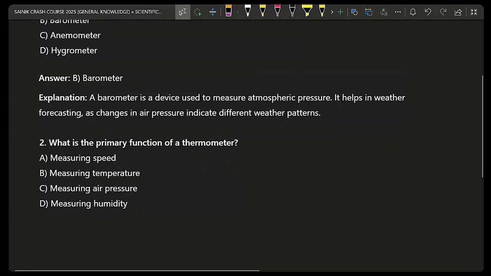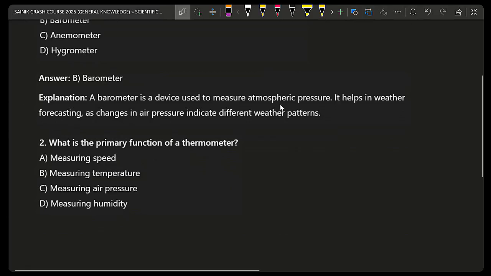And time up. Surprisingly, students gave wrong answers. One student said option D, four students said option C, and two students said option A, wrong. But the majority of the class gave the correct answer. Option B is correct, measuring temperature.